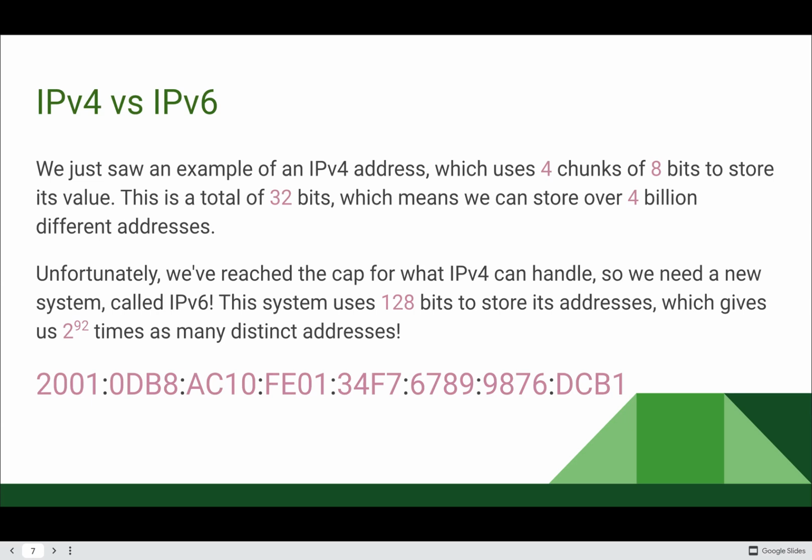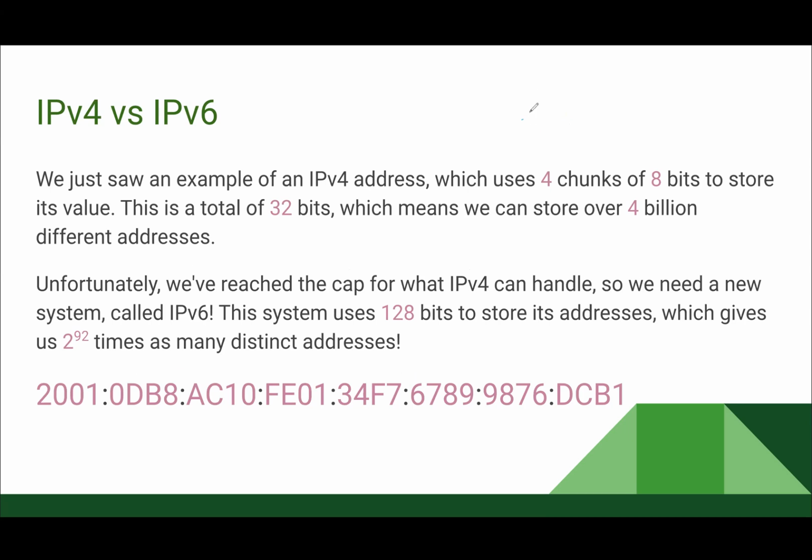So we are using, or we're starting to use a new system called IPv6, which uses 128 bits to store its addresses. If you remember our relationship, our equation, the difference in number we can store with x and y.